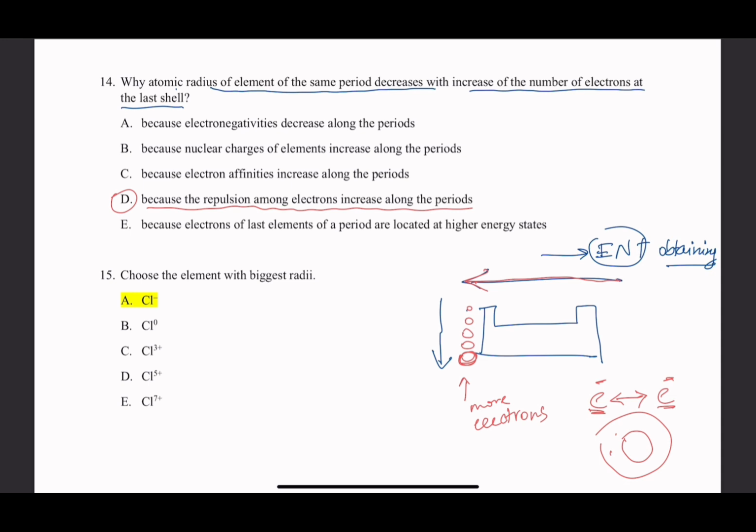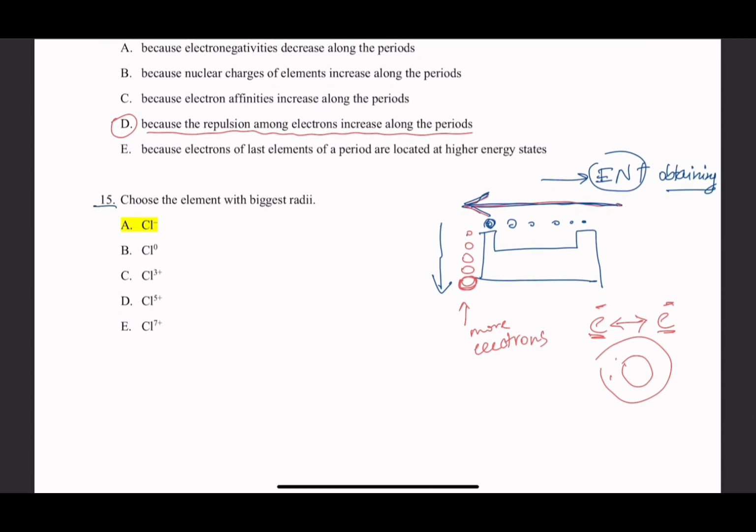So when you go towards the right, atomic radius decreases, but when you go from right to left, atomic radius increases. So if you start from this one, it is super small, and then it becomes a little bigger, and bigger like this, okay, so bigger here.